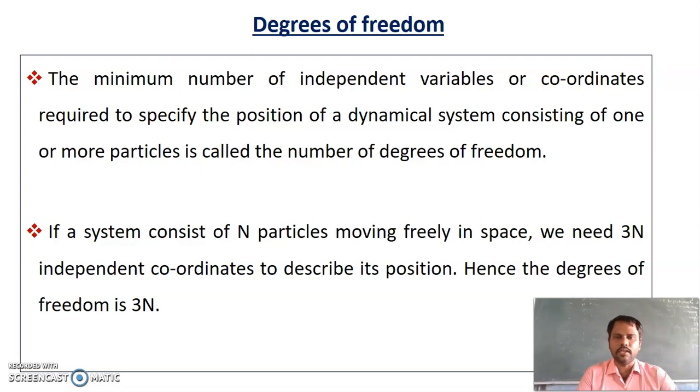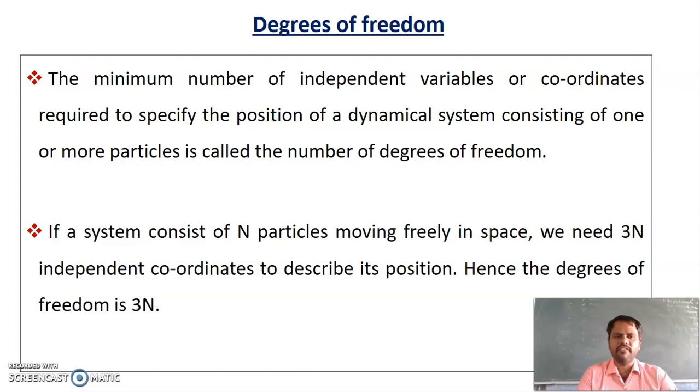Let us consider a particle moving in a plane. To describe its position, I need x, y, or y, z, or z, x coordinates, which means I need two coordinates to describe the motion of a body in a plane.